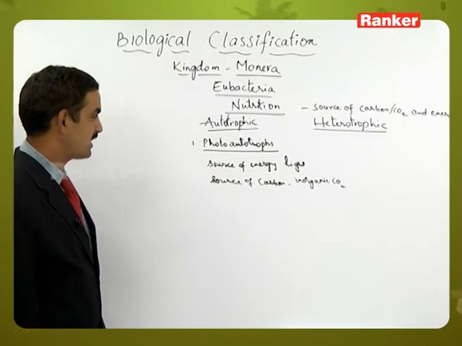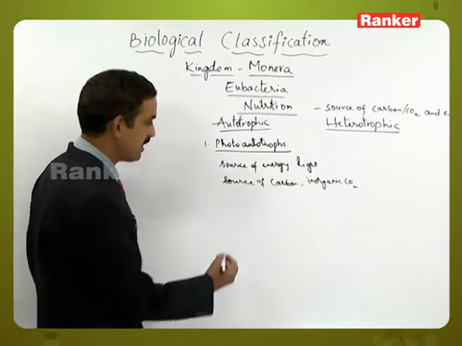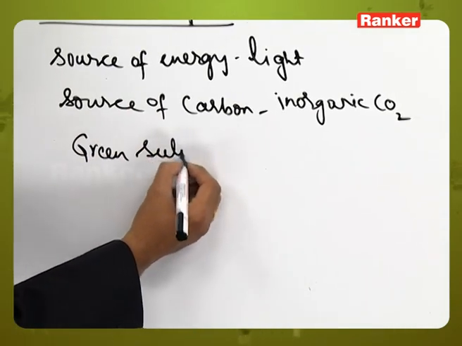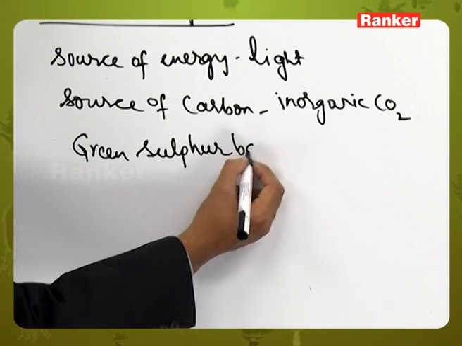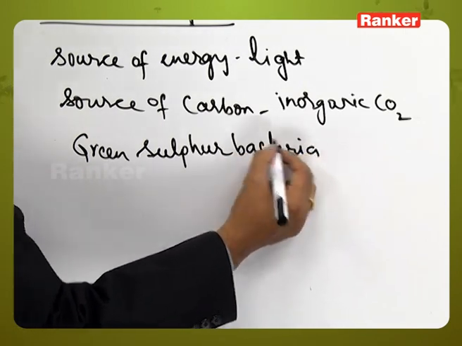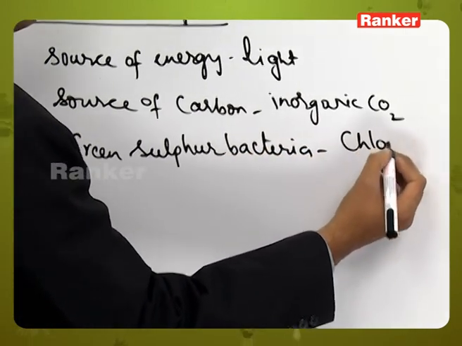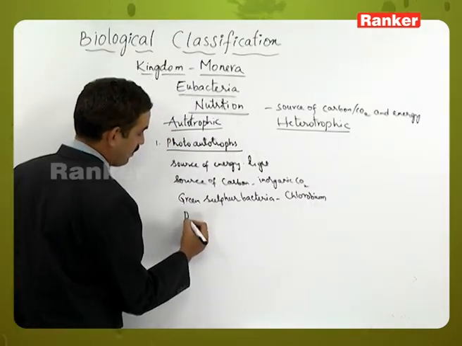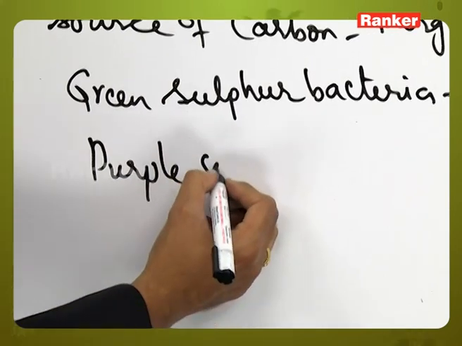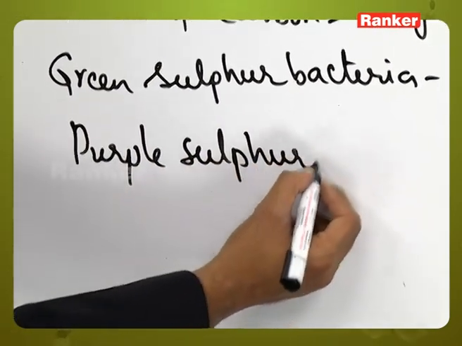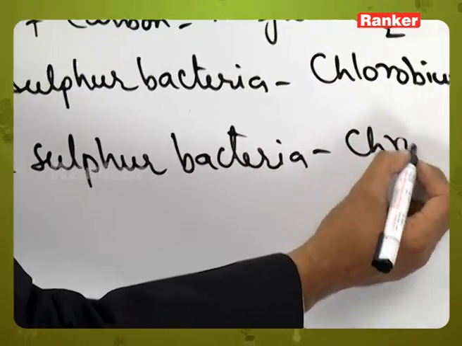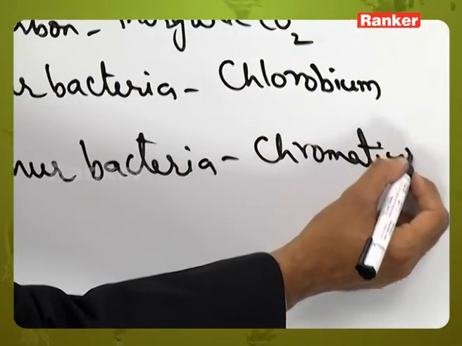This type of bacteria are called photoautotrophic bacteria. Those are green sulfur bacteria, that is chlorobium, and purple sulfur bacteria, that is chromatium.